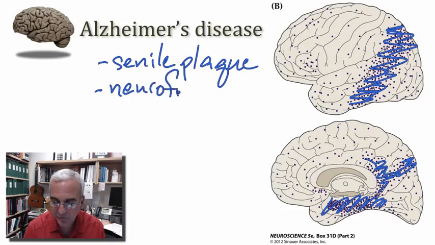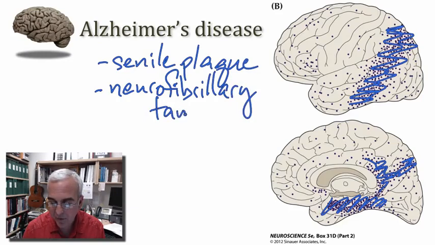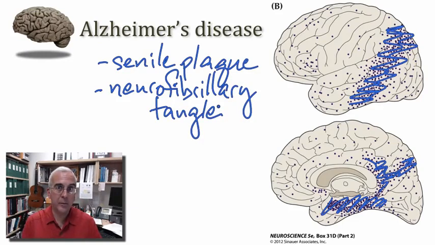And this is an intracellular inclusion that is present within neurons that are very likely on their way to degeneration. And certainly when they present with a neurofibrillary tangle, that is an indication of dysfunction within the cytoskeleton of the neuron and the trafficking of important subcellular constituents that are important to support the function of the neuron.